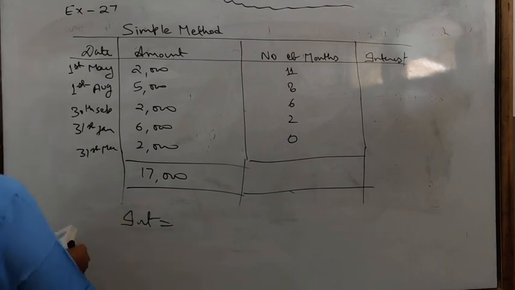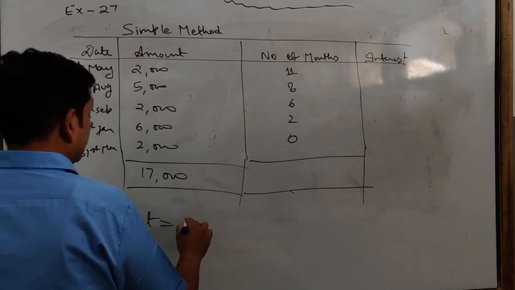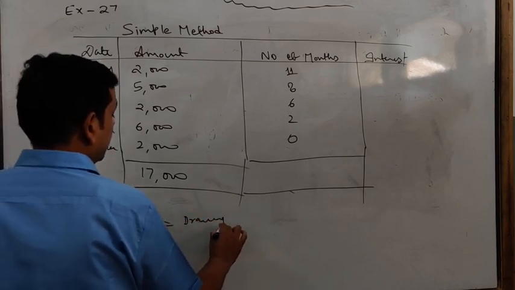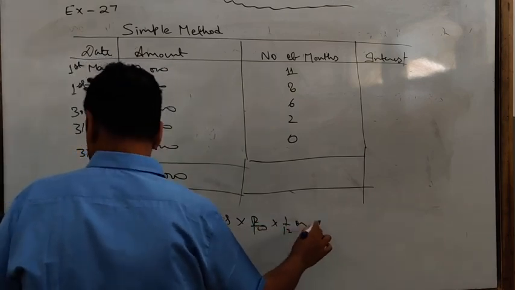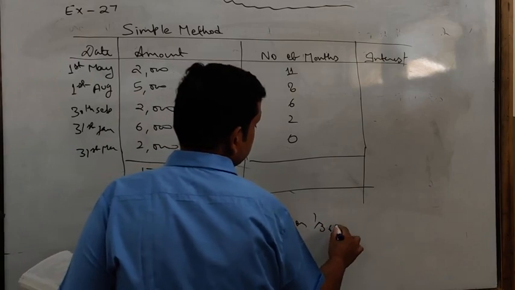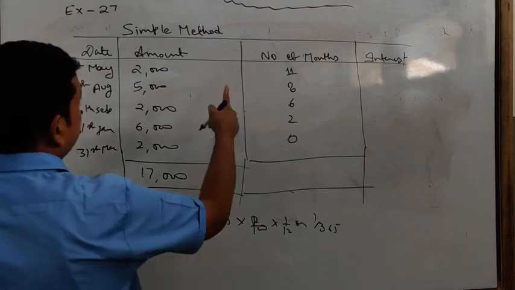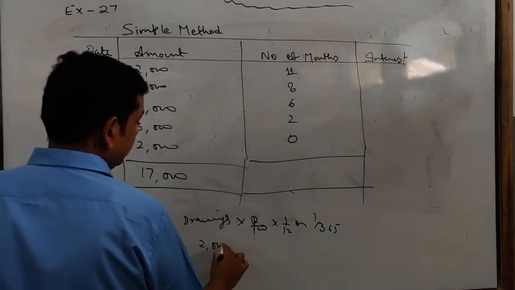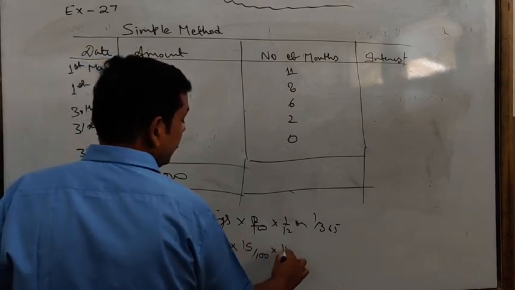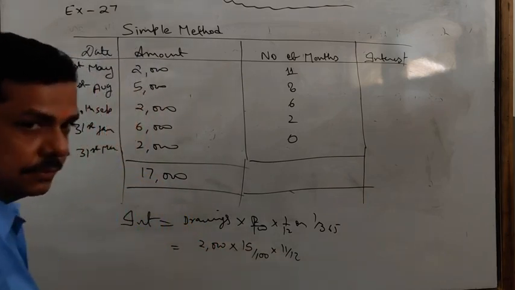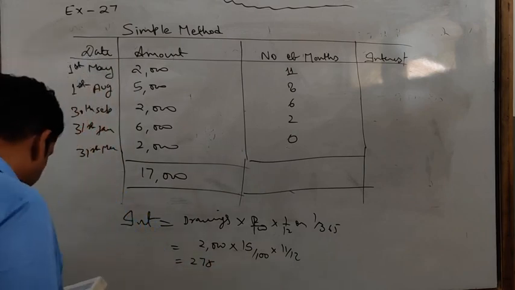Interest equals to drawing into rate into 1 by 12 or 1 by 365. Either you are calculating it for a month or for one day. So see, in case 1 amount withdrawn is 2000, rate of interest is 15% and time is 11 by 12. Clear? So the amount of interest will be ₹275.